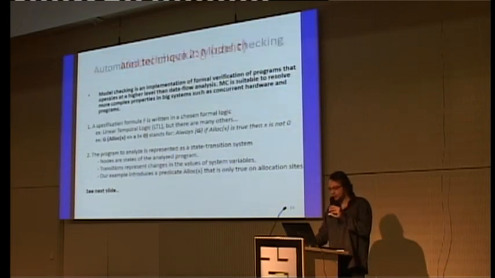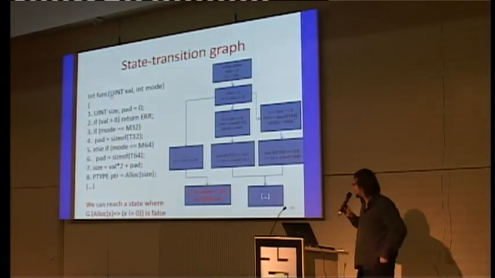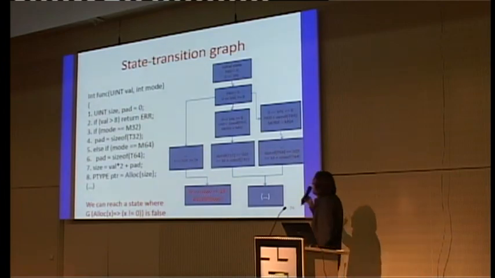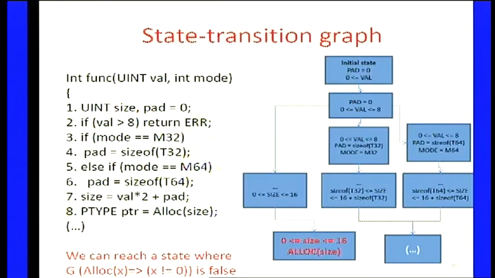So let's go for the example straight away. Imagine this very simple program. You have a variable called pad, it's 0, and you have a variable mode, which is an integer. Here we just check if mode is M32 or M64. It's a fictional example, I should say.